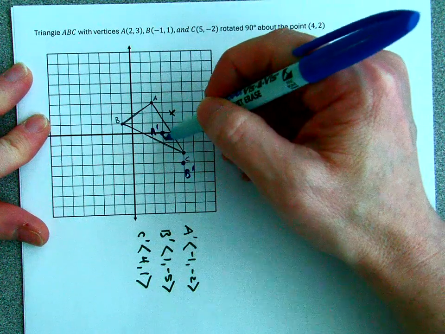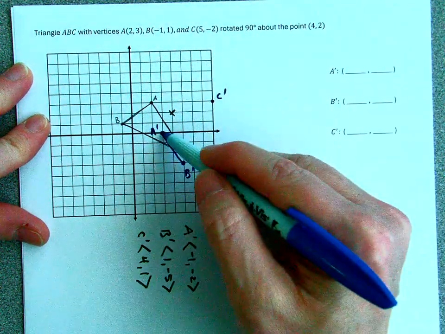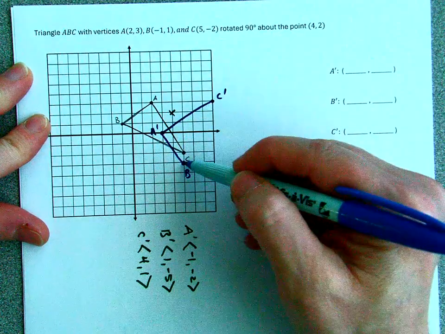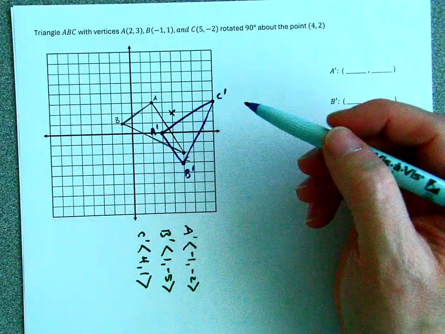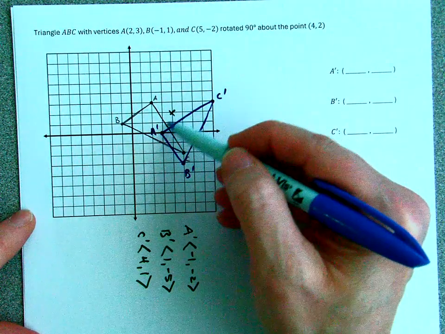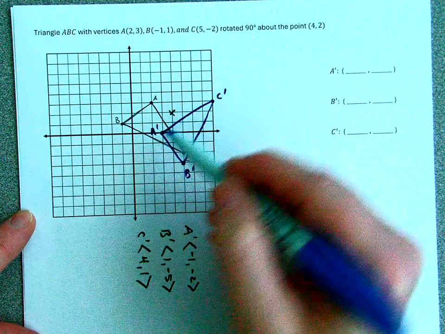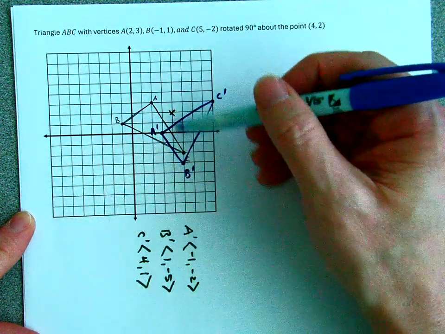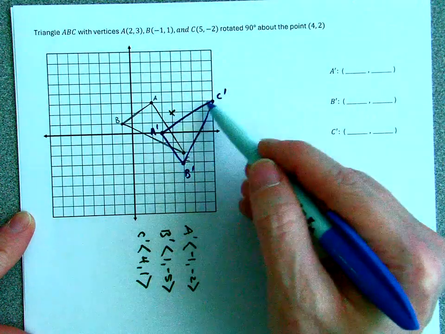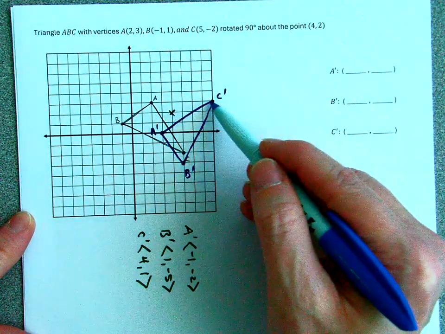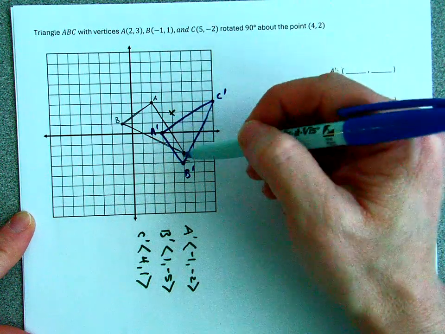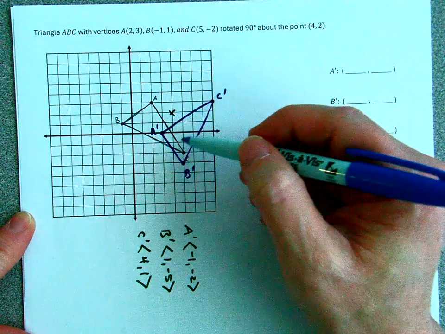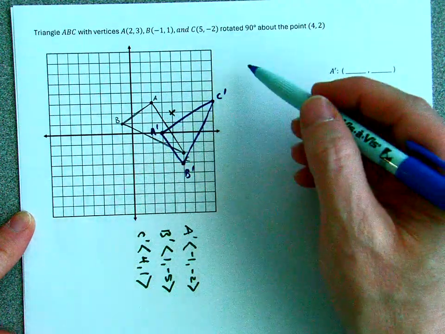Now I can connect these dots. Each of these points should be the same distance from the center. The distance that B is should be the same distance over here. If I drew a line from C and then went to C prime, this thing should make a 90-degree angle.